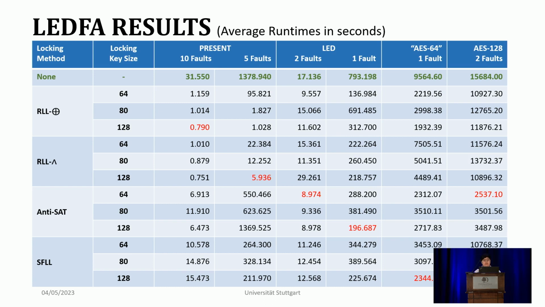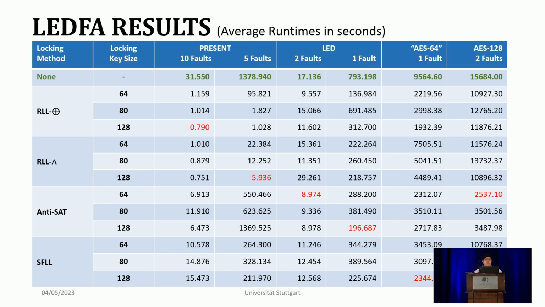For example, if we look at the table, we need around 1,300 seconds for differential fault analysis to attack an implementation of PRESENT with 5 fault injections, while it takes only around 6 seconds for LEDFA if random logic locking using 128 AND and OR insertions is applied.